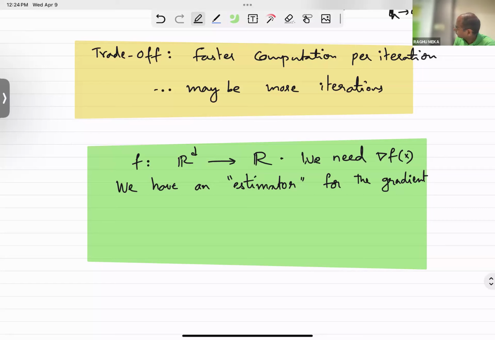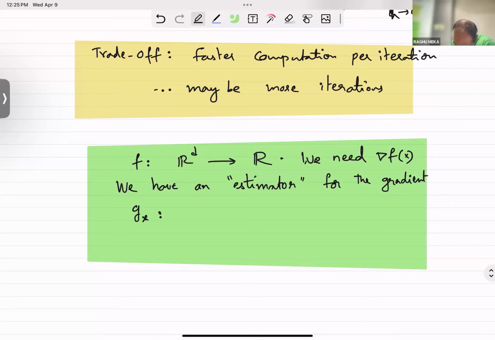We should think of it as a function, again at a point x. Just as the gradient depends on where you are, think of g(x) as a function which depends on x, a randomized function. It's an estimator for what the gradient is going to be.